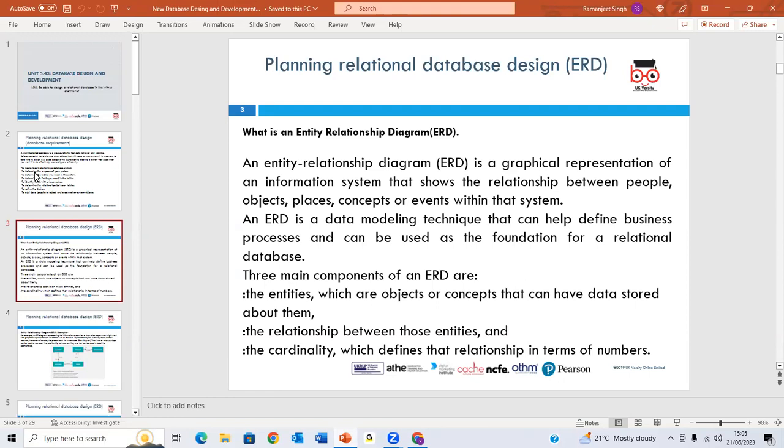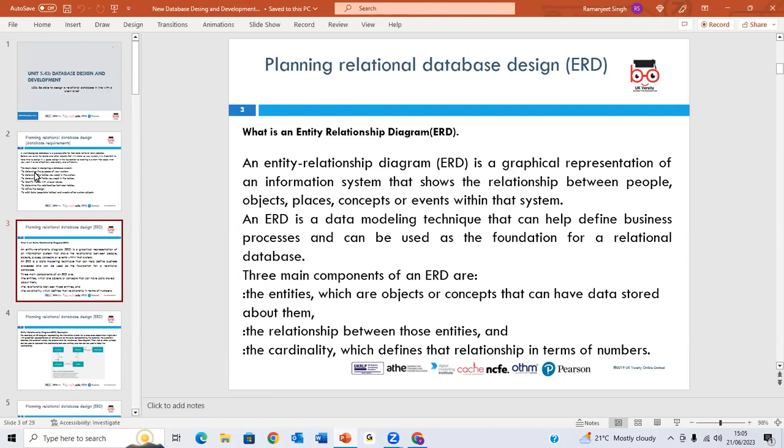So depending on what we're working on, if it is relational or non-relational, we need to create a diagram, a graphical representation, which shows what is the connection between the entities and our objects.